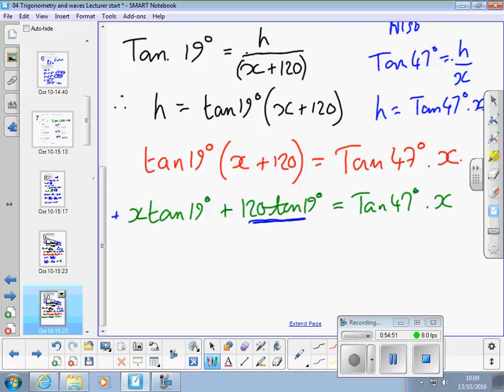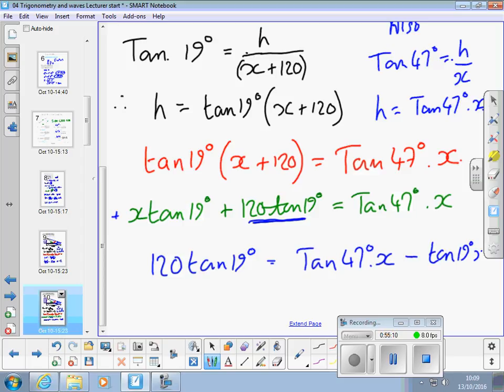So we got 120 tan 19 degrees is equal to tan 47 degrees times x minus tan 19 degrees times x. What can we do over this side now?